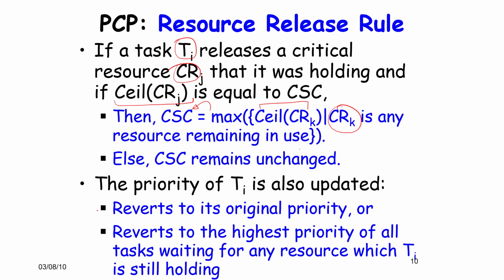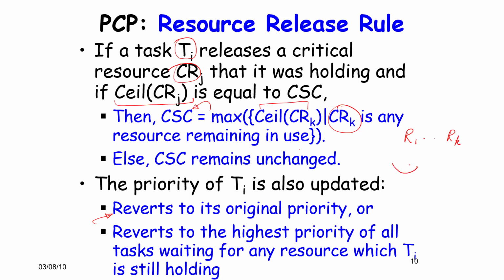Furthermore, the priority of task Ti may also have been increased because of inheritance. So it reverts back to its original priority if it's not holding any resource after releasing the current resource. Otherwise, it reverts to having the highest priority of all the tasks waiting for any resource which Ti is still holding. If Ti is holding a bunch of resources, let those resources be called R1 to Rk.